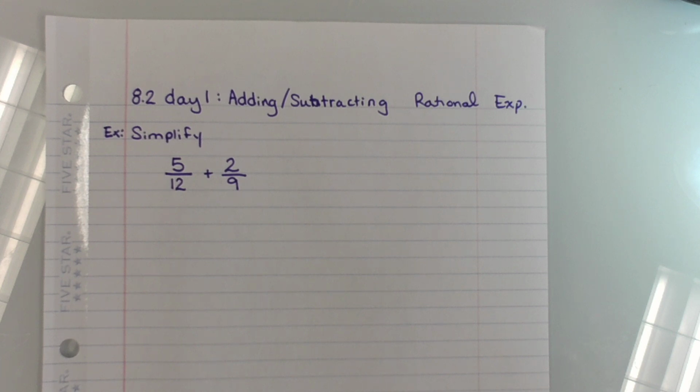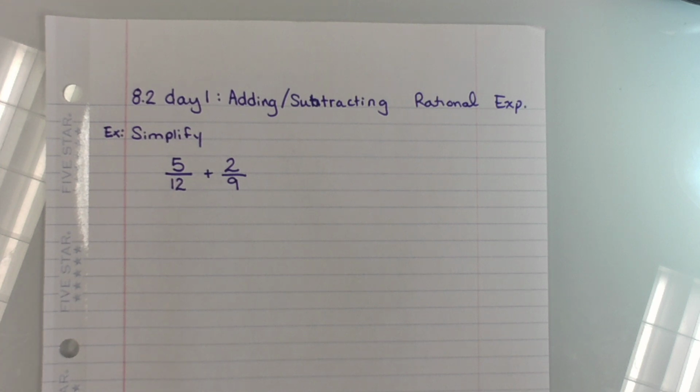Those are my multiples of 9. These are my multiples of 12. Smallest one they have in common, 36. They can both become 36.